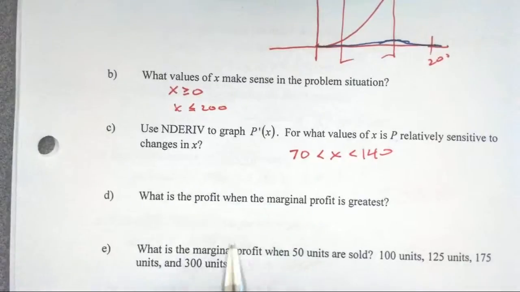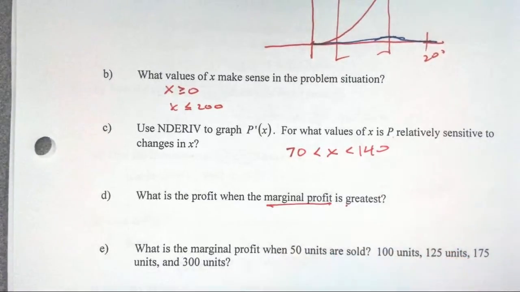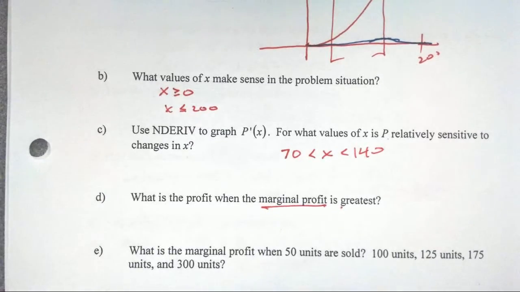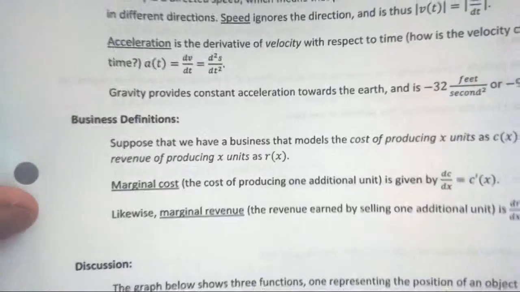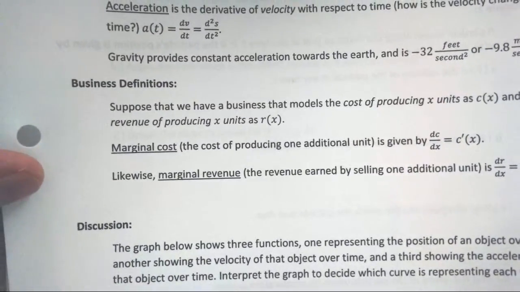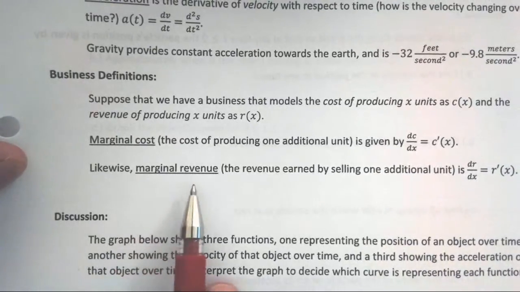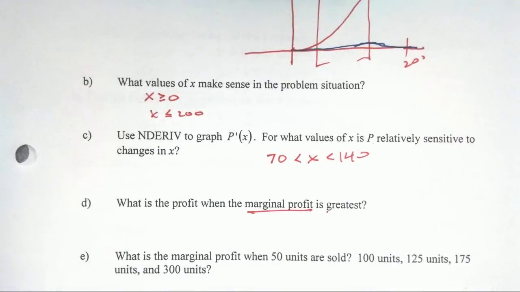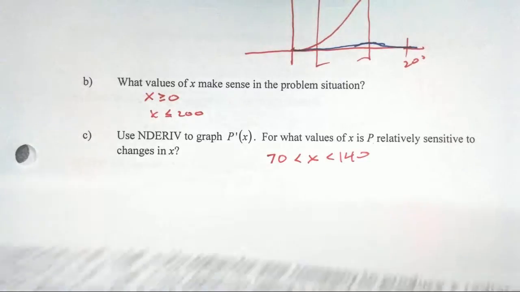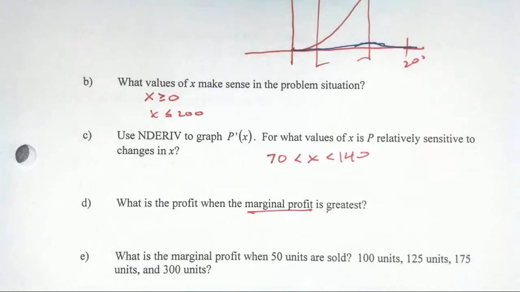Okay, what is the profit when the marginal profit is greatest? Marginal profit. Now, back to business definitions. We had a problem from the first worksheet from 3-4, where we were given a marginal cost equation, we were given a marginal revenue. You may remember that guy. We were given our marginal profit, marginal cost, but now we're just given a monthly profit.